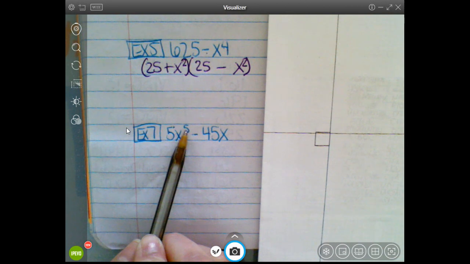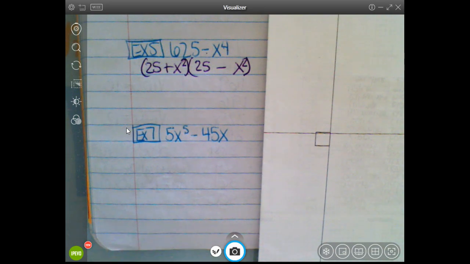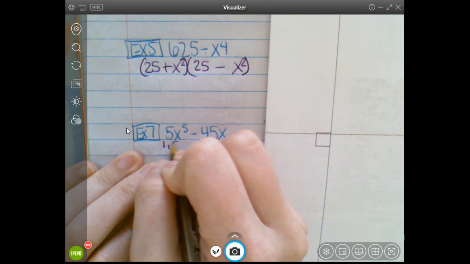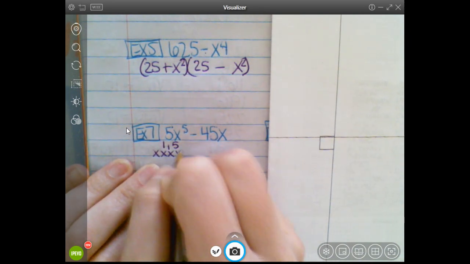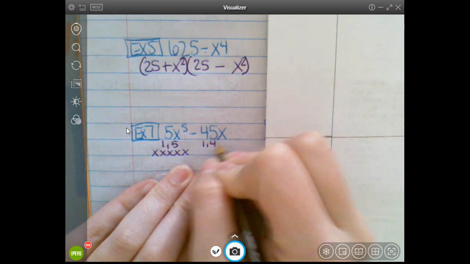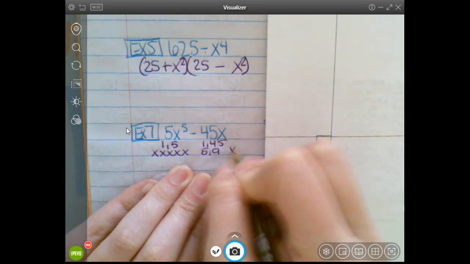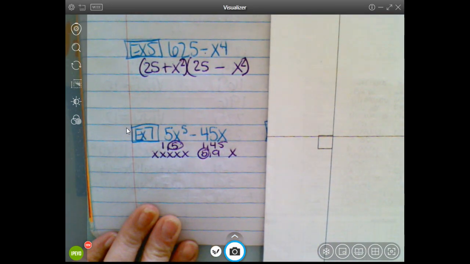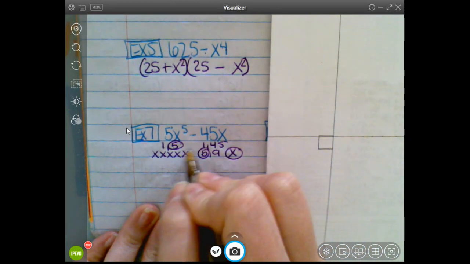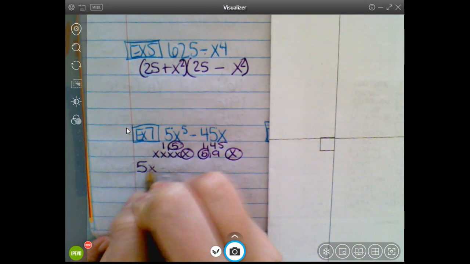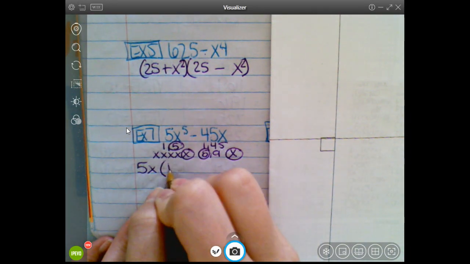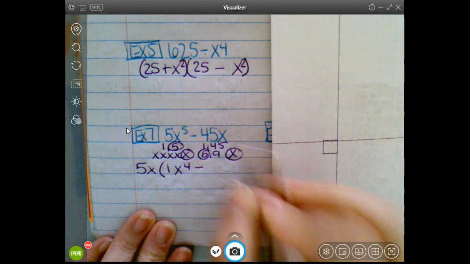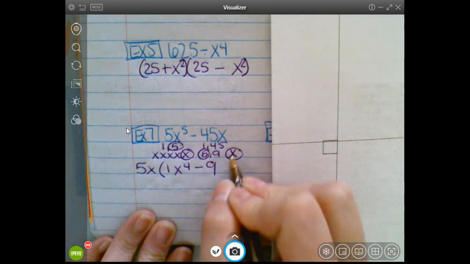So now sometimes it's going to be a combination of what you did with GCF and this. If I think about what these have in common, and I factor out my GCF, this has a 5 and 5 x's, and this has a 45 and a 9 and 1 x. Well, 5 is in common. That's the smallest number, and the smallest x is 1. So if I take out 5x, I'm left with x to the 4th, minus 9, and no x's because I took it out.